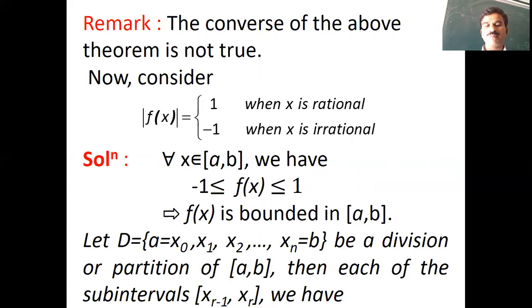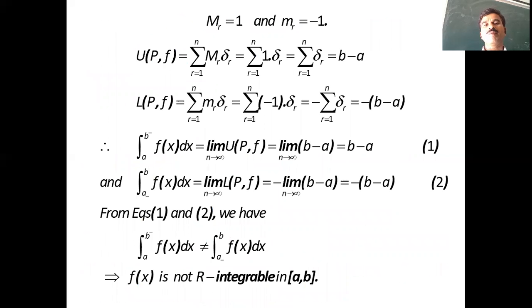Let T be a division of AB. Then in each of the subintervals [x_{r-1}, x_r], we have the supremum and infimum with different values, 1 and minus 1 respectively. Obviously, U(P,f) and L(P,f) are different values.